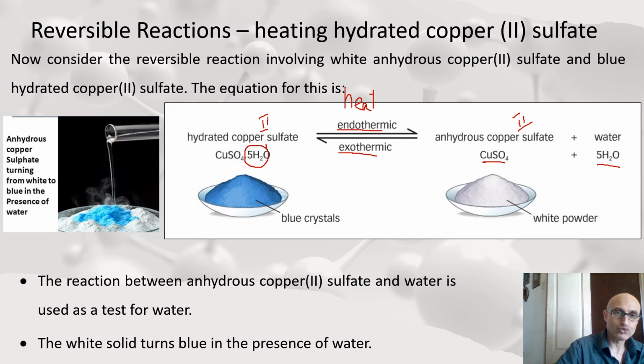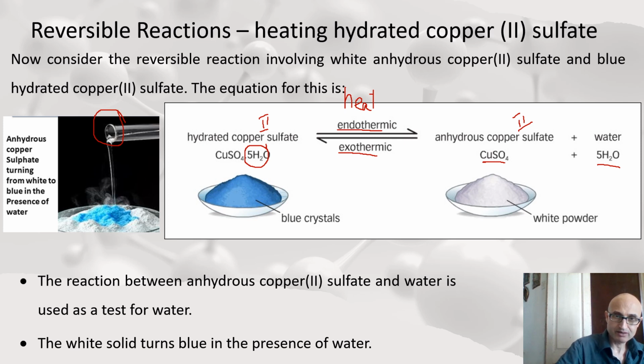If I had to add water, slowly, to the anhydrous white powder, right at the point of contact, you will notice that the color will once again change to blue. So this change is a reversible change.